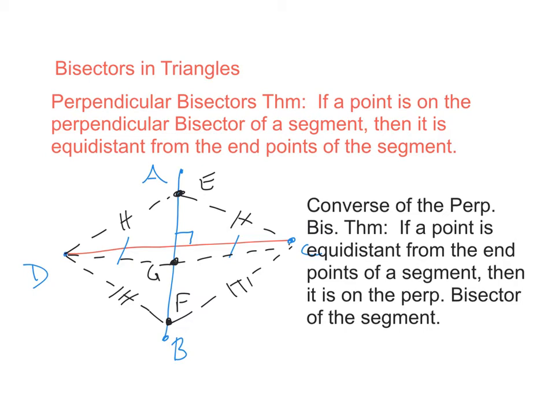Hopefully that makes sense. Basically, that simply says if I have a point, let's say it's G, and I know the distance from G to here is the same as from here to here, then that means this line right here has to be perpendicular. So it's just the exact opposite.